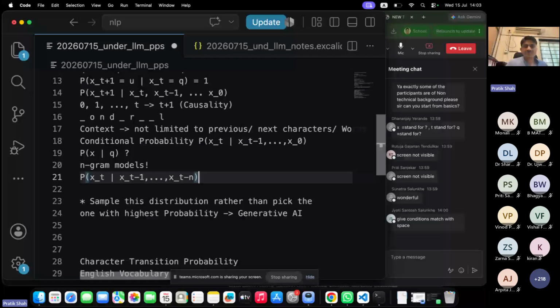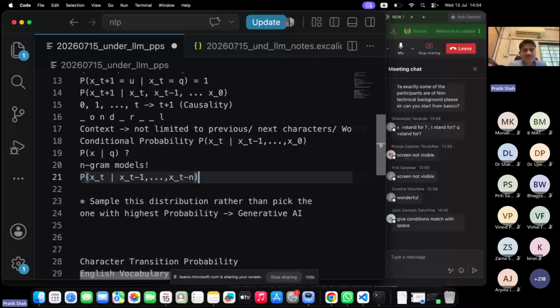There could be many words which fit into the same context, but sometimes the model would use word one, sometimes it would use another word, with some different probability. So rather than picking a word with the highest probability, we pick a word which comes out of the distribution. I sample this distribution, I generate a random number, and from this random number, I decide which alphabet or which word would be the next one.